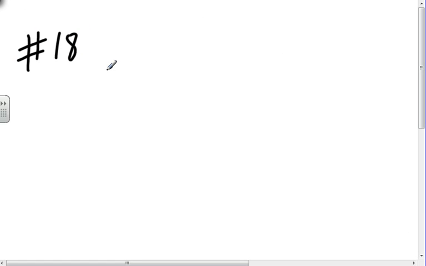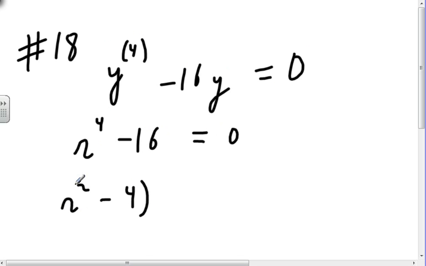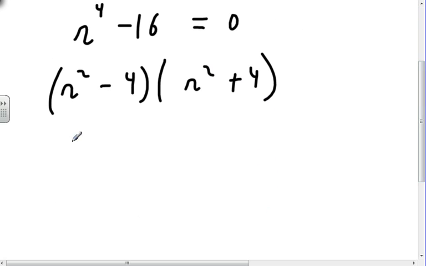I have y fourth derivative minus 16y is equal to 0. So I got r to the fourth minus 16 is 0. So I got r squared minus 4 times r squared plus 4. And so I've got plus or minus 2, and I got plus or minus 2i on my roots.